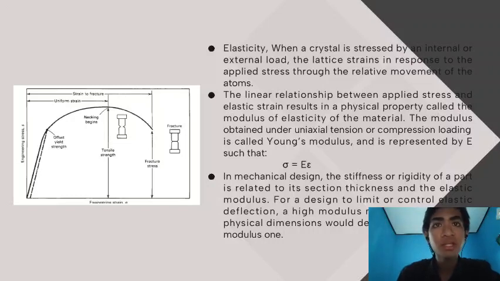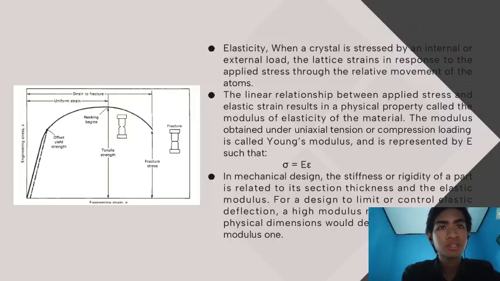That is, v equals (E minus 2G) over 2G. The shear modulus G of pure metals is consistently about 3/8 that of the tensile modulus.